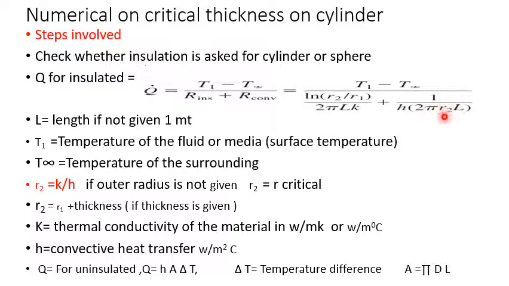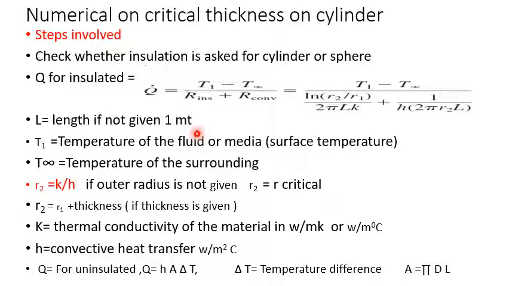So here R2 is used to mention the radius of the outside with the insulation. That's why. And in a problem, L stands for the length of the pipeline. If the length of the pipeline is not given, I can take it as 1 meter.